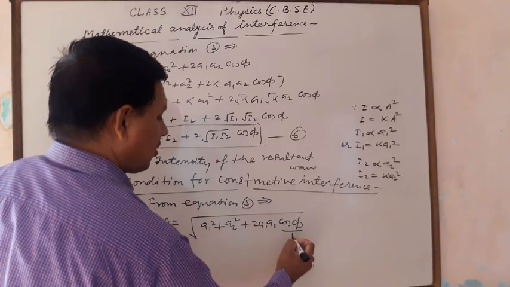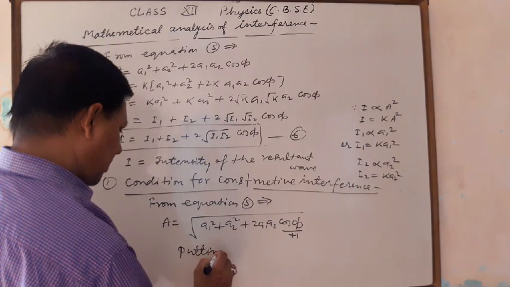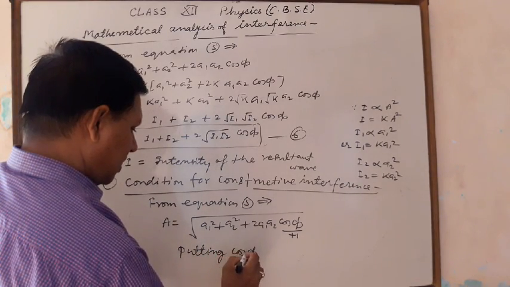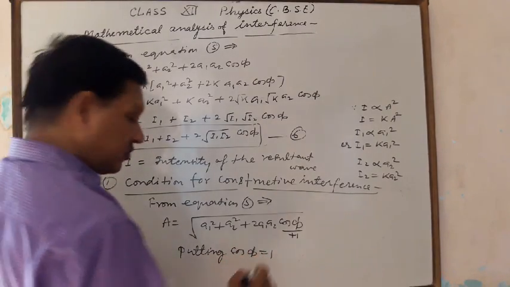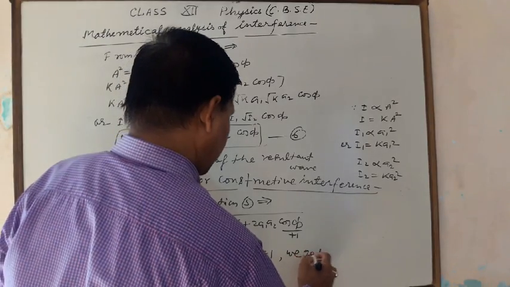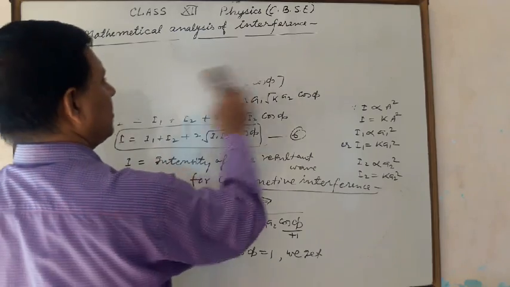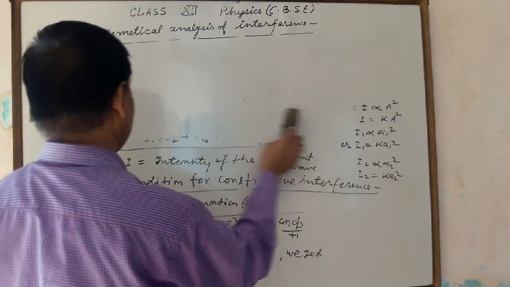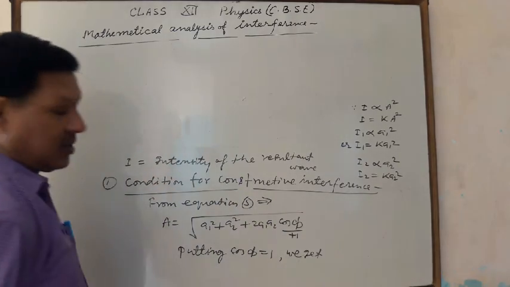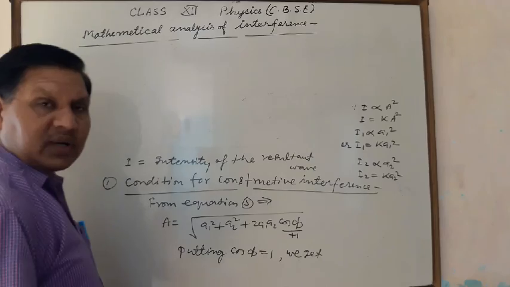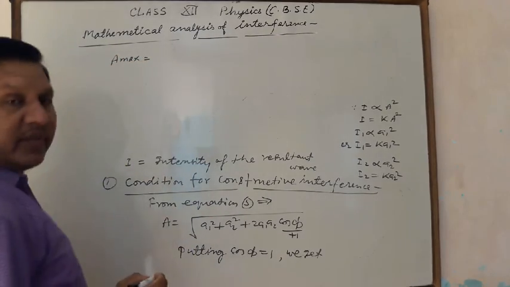So putting cos phi is equal to plus 1, we see that the amplitude of the resultant will become maximum.